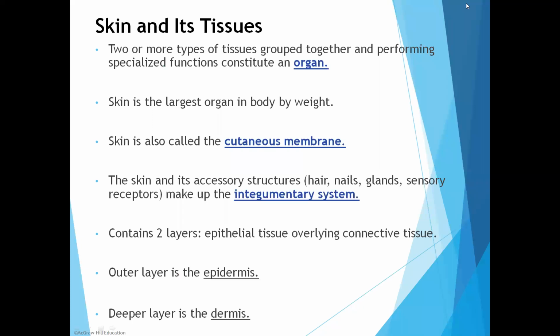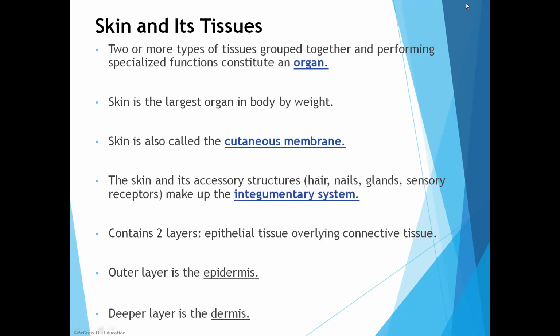When we talk about the skin, sometimes you're also going to hear the term dermo, dermato, or cutaneo. So when we talk about the cutaneous membrane, that's what we're thinking about in terms of skin. And when we think about having skin, along with some other accessory structures like hair and nails, we start thinking about the integumentary system.